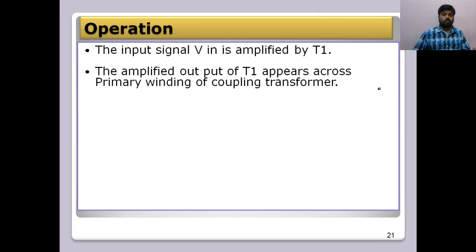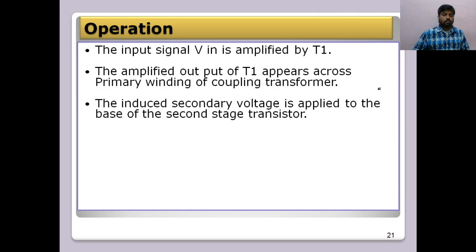We have discussed everything earlier at the time of the circuit diagram, but again I am explaining the operation. The induced secondary voltage is applied to the base of the second stage transistor.